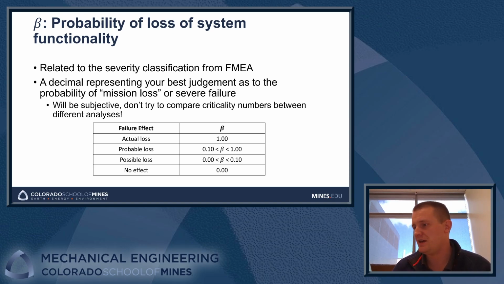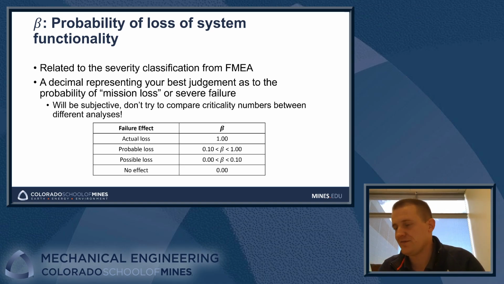So say you're looking at your shredder and you're looking at the failure mode where the whole shaft of your shredder snaps in half and it can no longer run. You lose the prototype and potentially you could eject pieces of the shredder out of its housing and injure someone, right? If that shaft snaps, you definitely have a severe failure at that point, so you would say beta equals 1 for that failure mode.